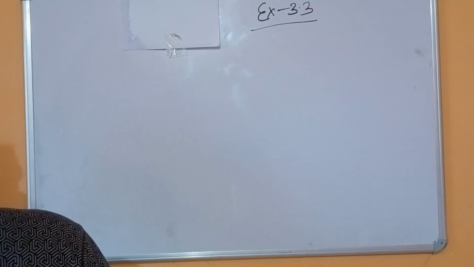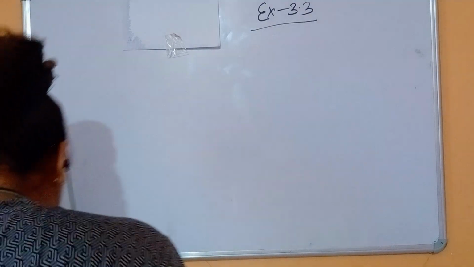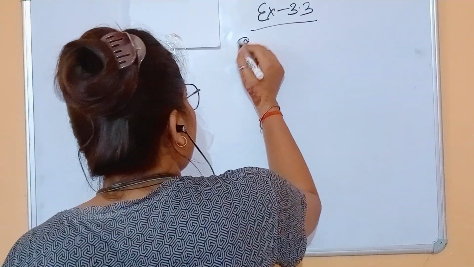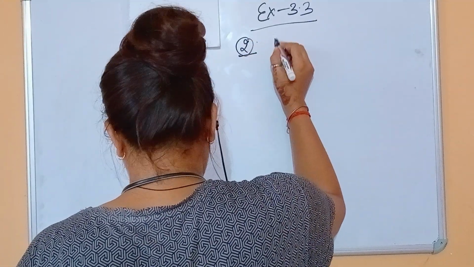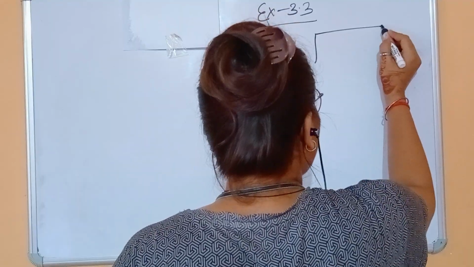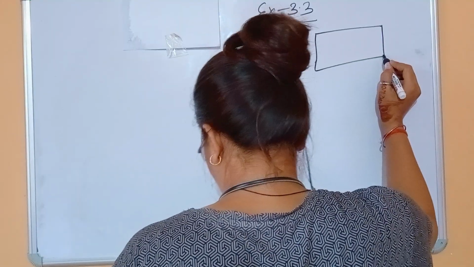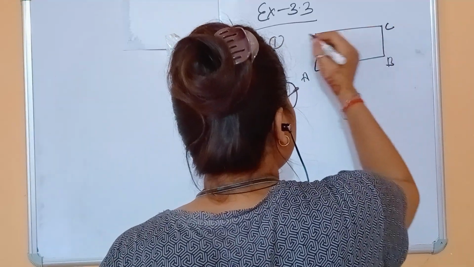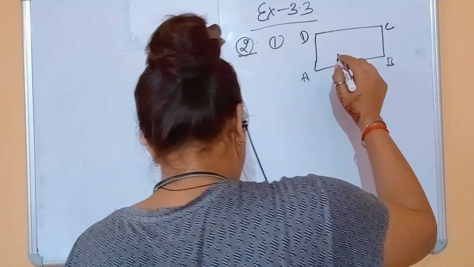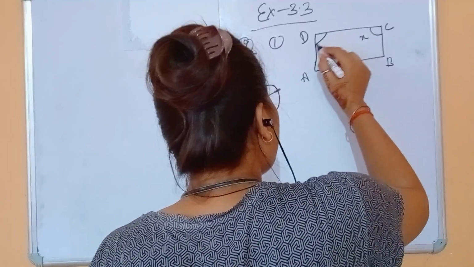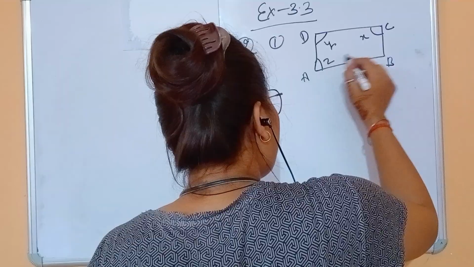So the second question says: consider the following parallelogram, find the value of unknown x, y and z. Here the first figure is given, A, B, C, D. Here written x, here y, here z.